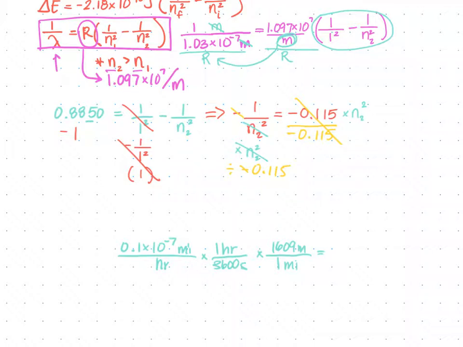Okay, if I compute that value on the left-hand side, I should have 8.6957 is equal to n2 squared. To get n by itself, I need a square root. So n is about equal to 2.95. Because I know n has to be a whole number, I round it to 3.